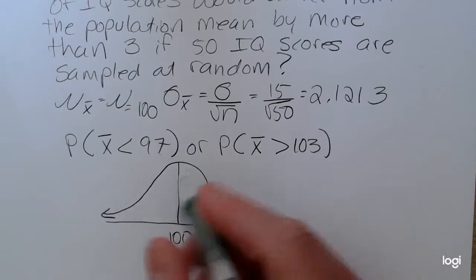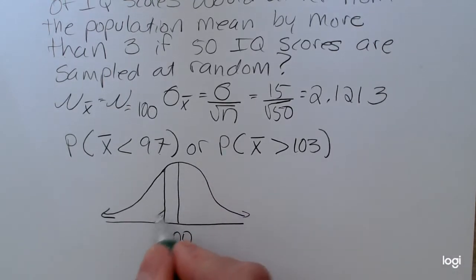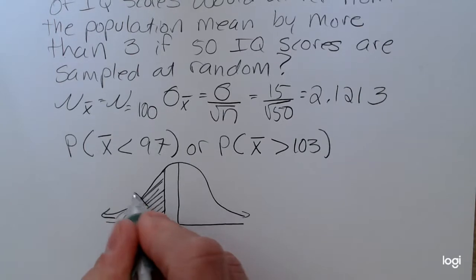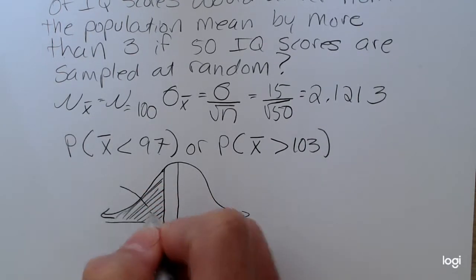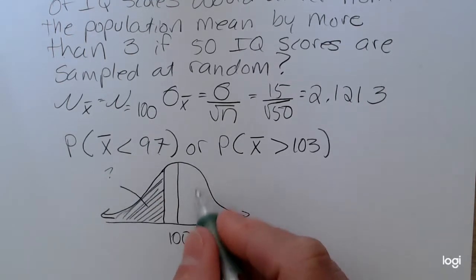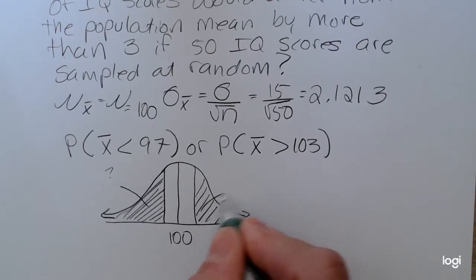All right, so I have less than 97, so we're below the mean. Now this bell curve might actually be tighter about the mean because of this small standard deviation, but this is just a visual aid. So we're looking for this area, and then at 103 or above, this one.